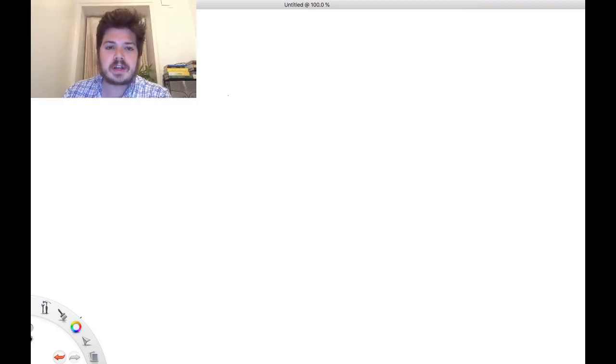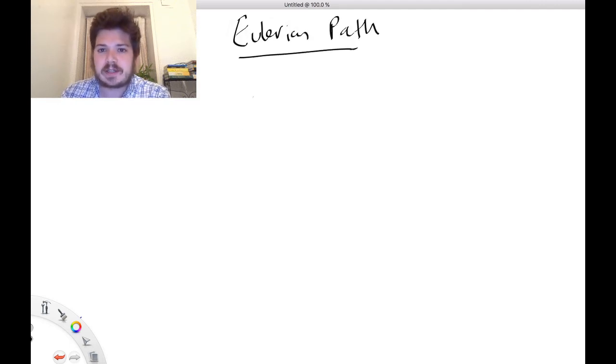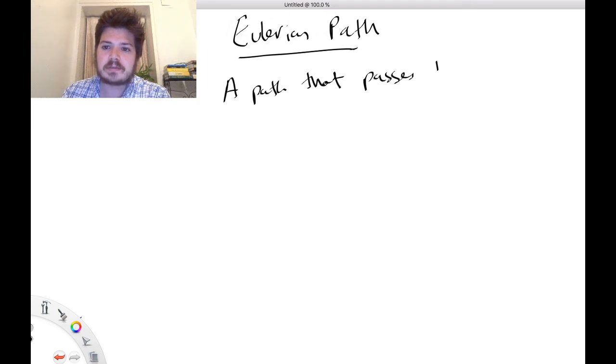So to finish off the definitions, we'll talk about an Eulerian path. An Eulerian path is a special type of path. It's a path that passes through every edge only once.